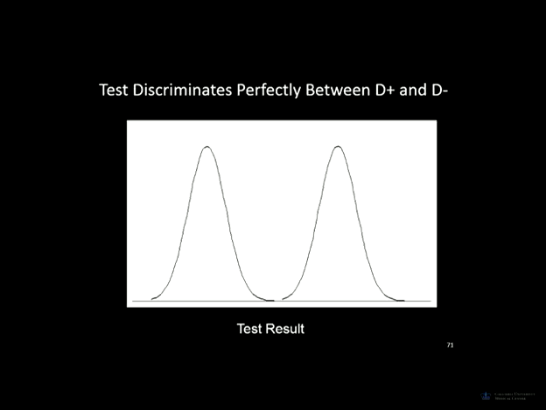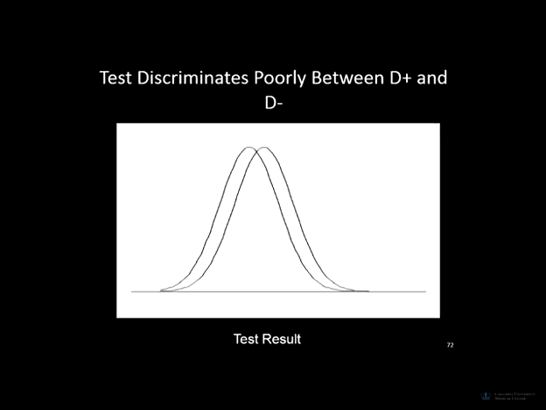Anyone who tests negative, if we draw our threshold right here, we can discriminate perfectly between disease and non-disease. And this is a terrible test where if we draw the line anywhere, we're going to have pretty bad specificity. We're going to pull in a lot of people without the disease and maybe subject them to harm.